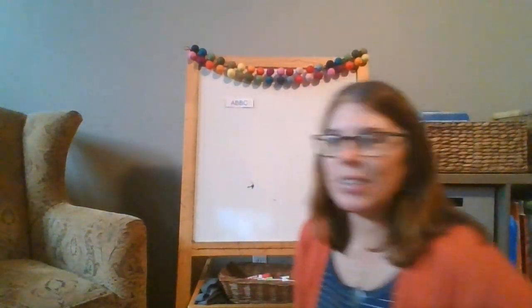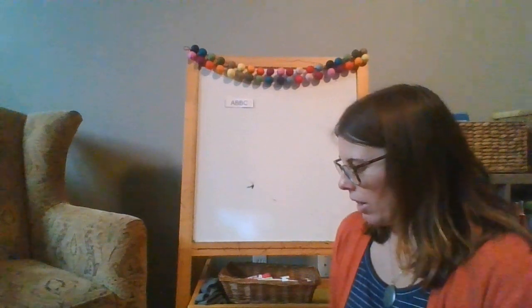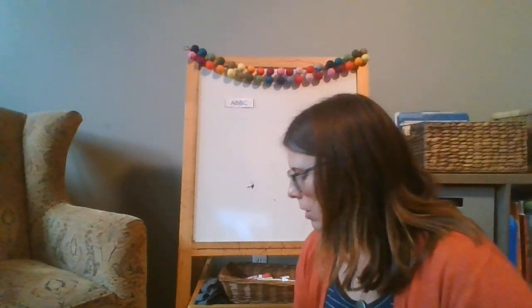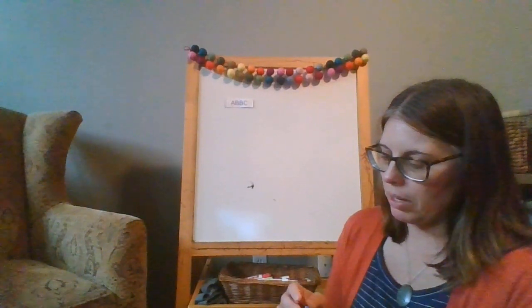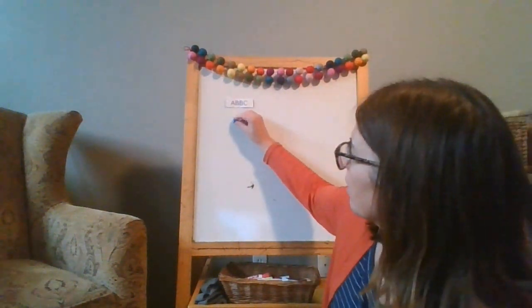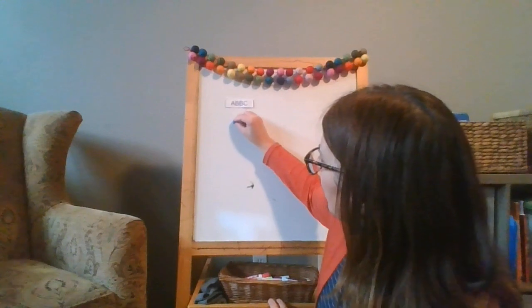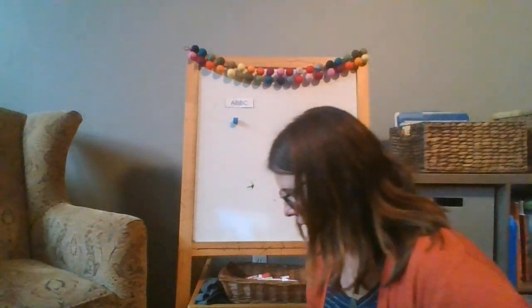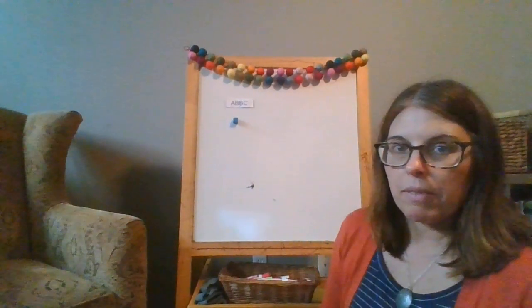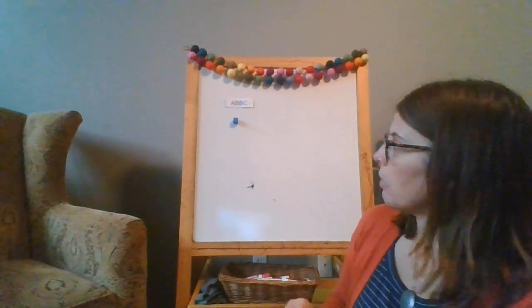Okay? So now I need a cube. I need a colored cube to be A to start out with, right? So A was my first one. So here's a cube for A. So anytime I come to A, I'm going to need to use a blue cube. And let's see, I'm going to use purple for B. So how many purple cubes do I need?